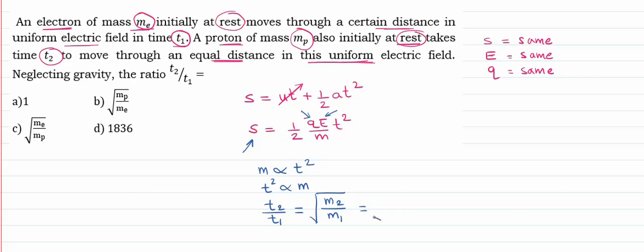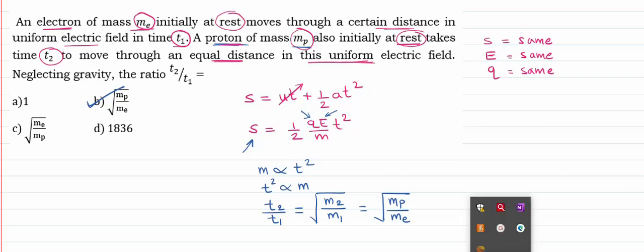Time t2 is for proton and its mass is mp, so in the numerator you will have mp and in the denominator you will have me. So root of mp by me. So option B is our answer. Clear, students? Hope it is helpful to you. Please do share with your friends.